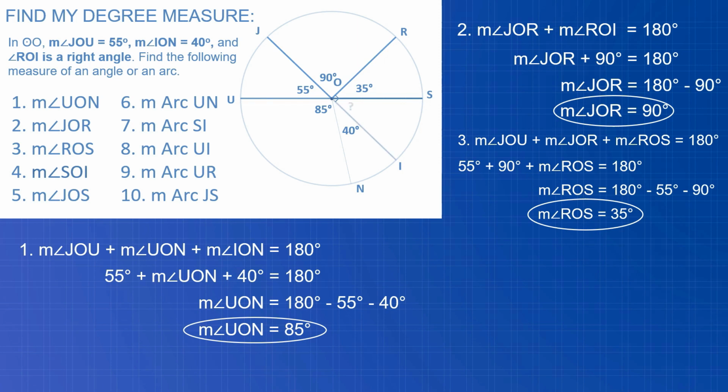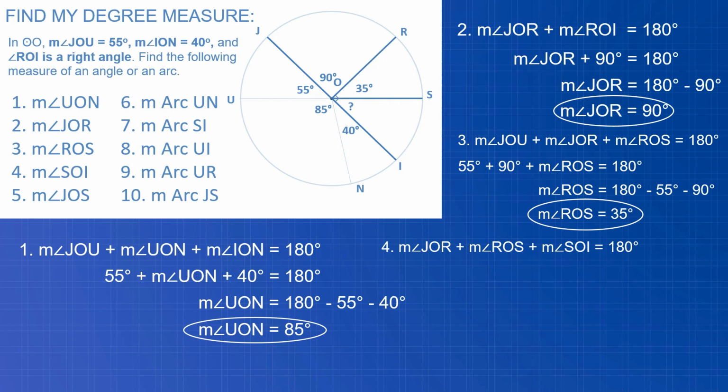Next, number 4, the measure of angle SOI. The measure of angle JOR plus the measure of angle ROS plus the measure of angle SOI is equal to 180 degrees because line JOI is a diameter.